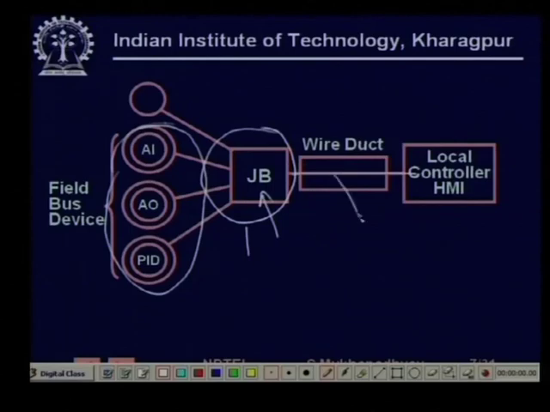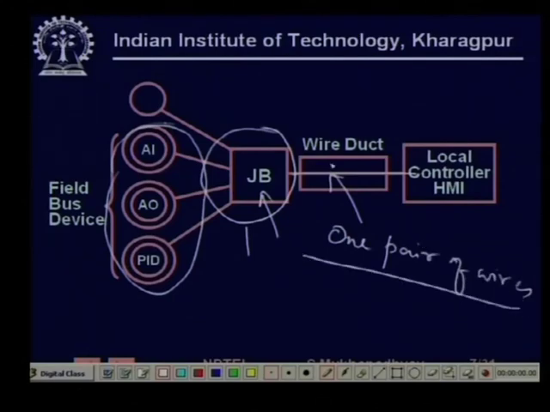So, here you have only one pair of wires over which digital data is transmitted either in baseband or by using modulation. So, for all these devices you actually need to run just one pair of wires to the controller.